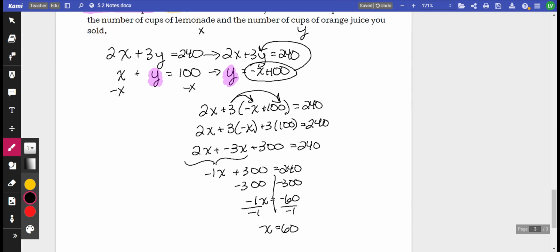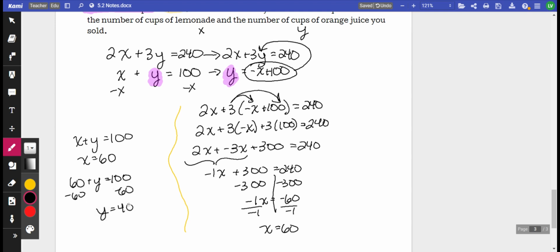Alright, so now I want to solve for my y. I'm going to go back to the second equation, just because it's shorter. x plus y equals 100. I know that x equals 60, so 60 plus y equals 100. Subtracting 60 from both sides, I get y equals 40.